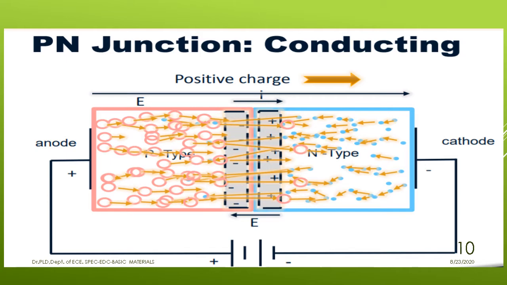Electrons are moving towards the p-type and holes are moving towards the n-type. Because of this, majority carriers cross the junction, which leads to the current. The current direction shown is from the p-type to the n-type, that is, from the positive terminal to the negative terminal of the voltage source.